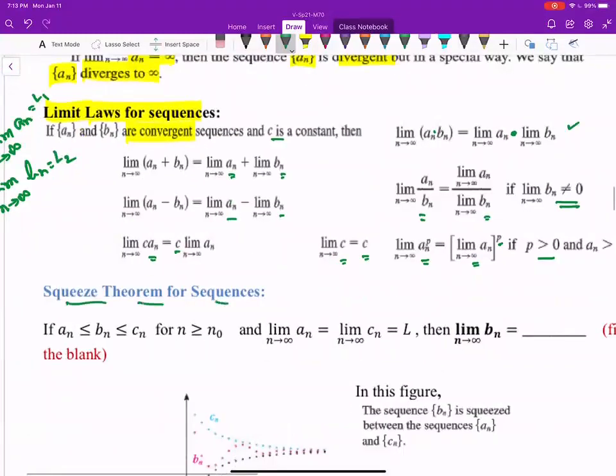What is the squeeze theorem? Again, this might sound familiar to you from your Calculus 1 class, where we applied the squeeze theorem to find the limits of certain functions.